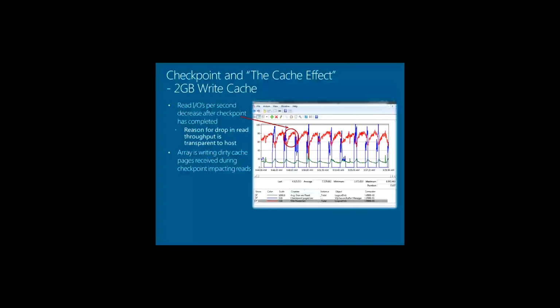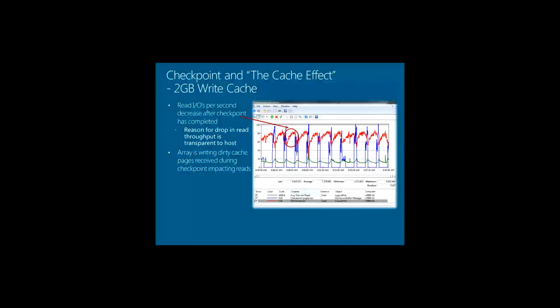We talked about looking at checkpoint operations and their impact on throughput. Here's an example of how the size of the write cache on a SAN array impacts the performance of the system as a whole. You see in blue a checkpoint operation. See the big spike of operation, and right after the operation, the red line, which is reads per second, drops way down. Why would a burst of writes cause a subsequent drop in read performance?